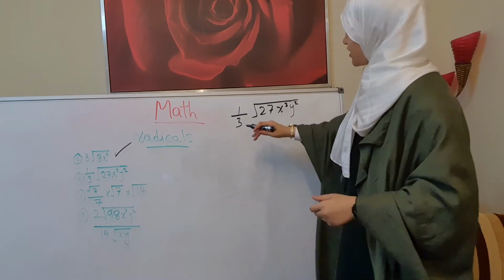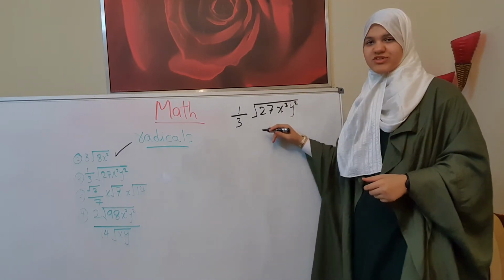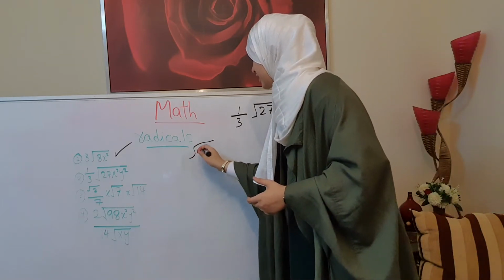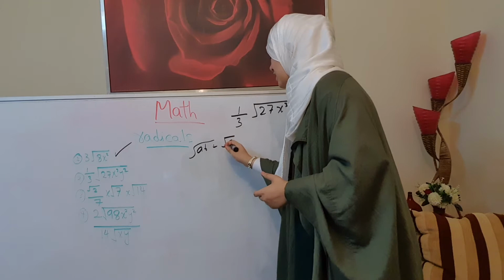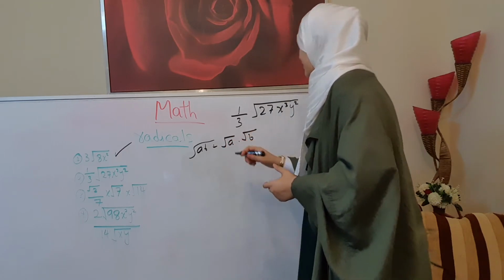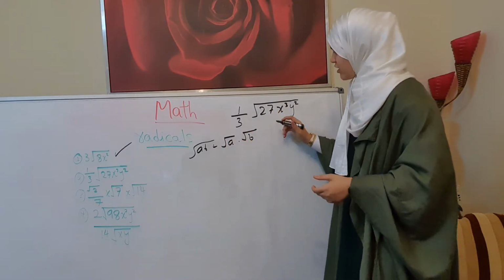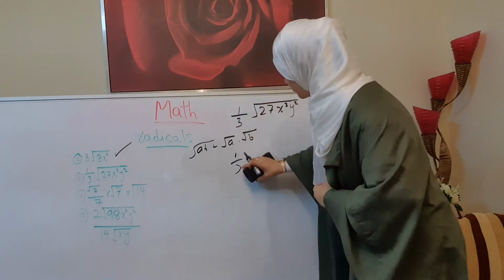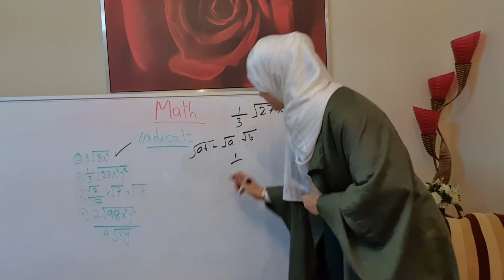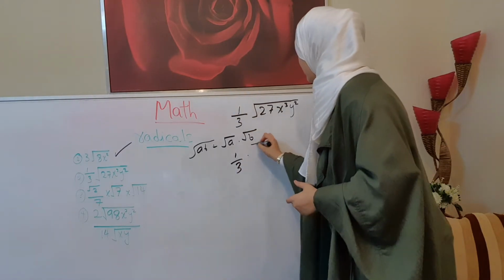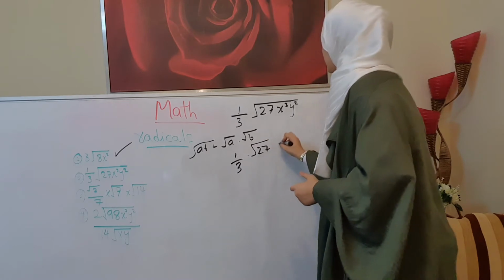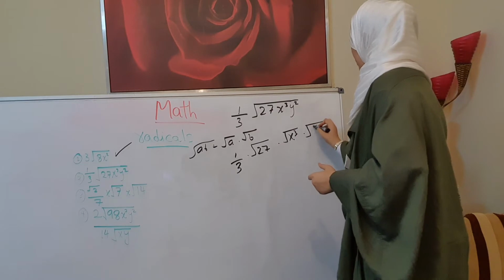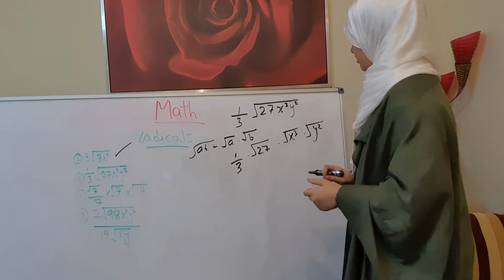Now we can do the square root here because it's very long. We know that radical AB is equal to radical A times radical B. That means here we'll do 1 over 3 times radical 27 times radical x cube times radical y square.